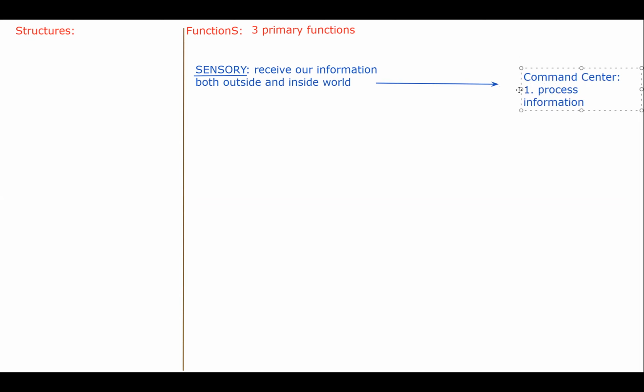And not only do we process the information that we receive, we then compare it to what we know, our base sense of knowledge. Our goal is then to make decisions based on that information.